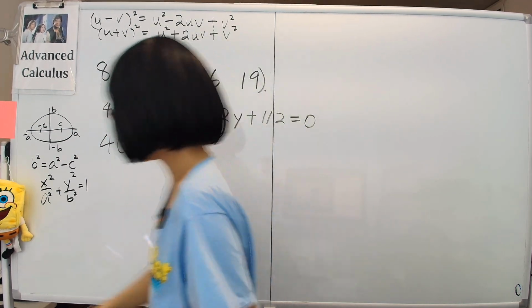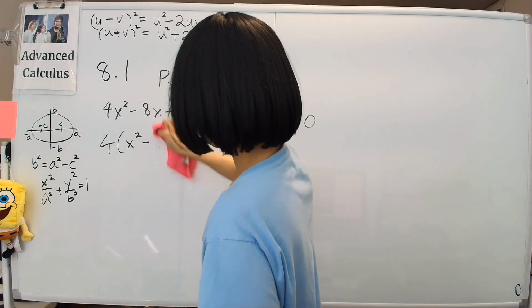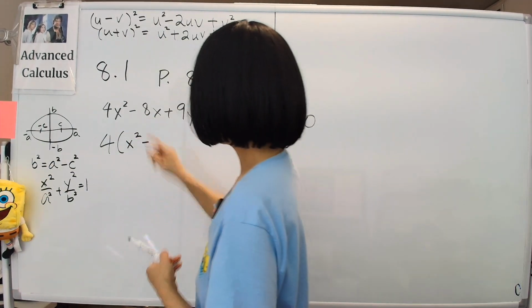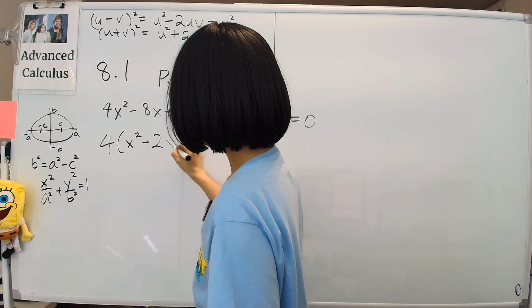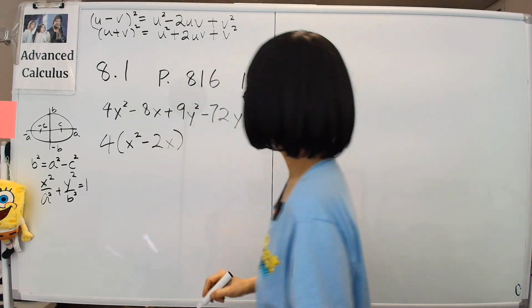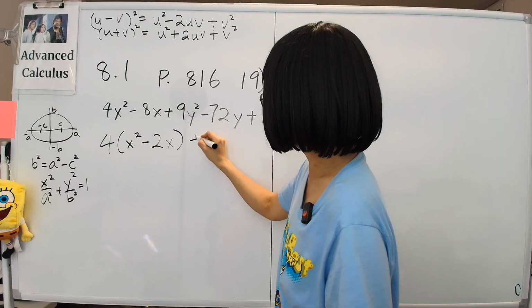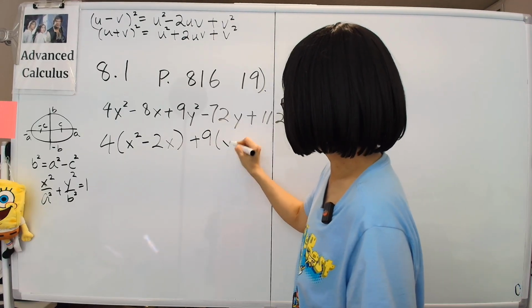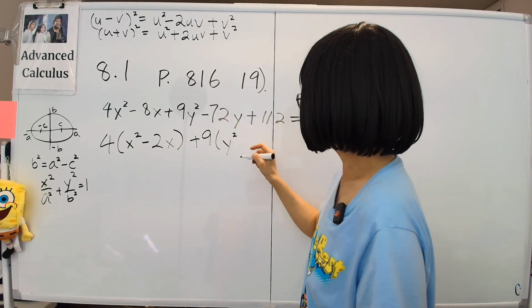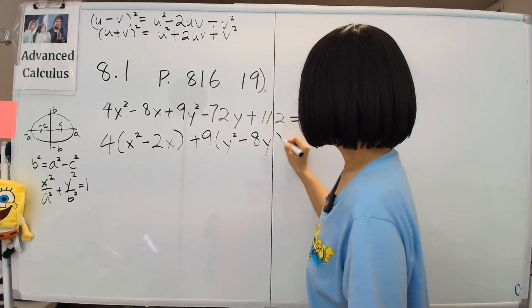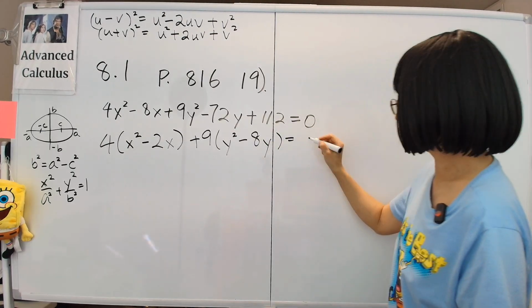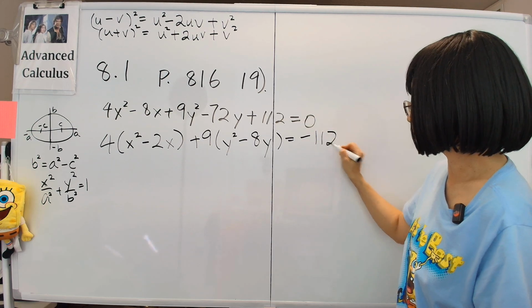No, it is not minus 4, it's minus 2 because there's an 8 here. So factoring out the 4, we only have 2x left. And then plus 9 times y squared, factoring out the 9, minus 8y. And then we'll write the 102 on the other side, becomes minus 102.